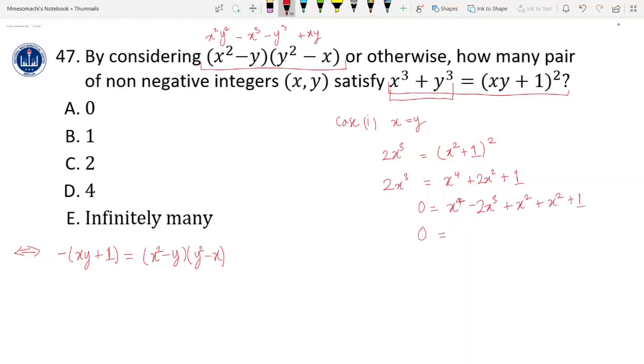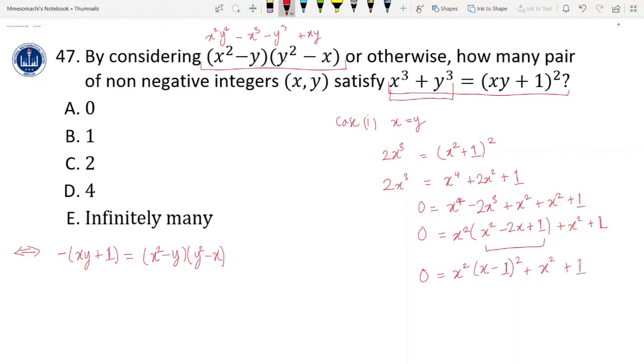I'll just factor out x squared from the first three terms, so we have x squared into x squared minus 2x plus 1, plus x squared plus 1. And see that this here can be factored. This is a perfect square, so 0 equals x squared into x minus 1 all squared, plus x squared plus 1.